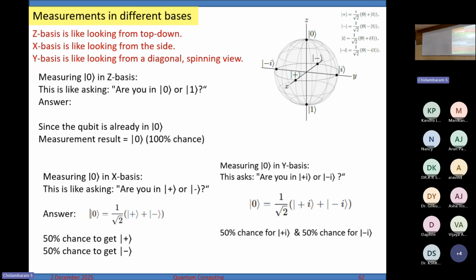Right? So just for understanding purposes. We are talking in terms of a single qubit only. If you understand the single qubit phenomenon, obviously we can extend it. So the change in the basis gives different answers when you measure it.